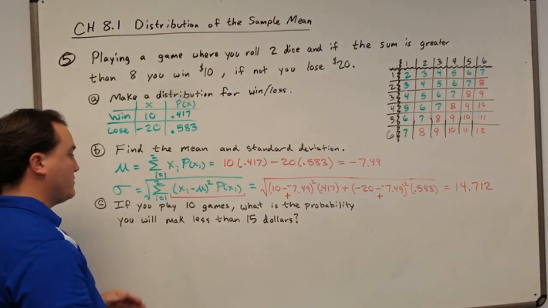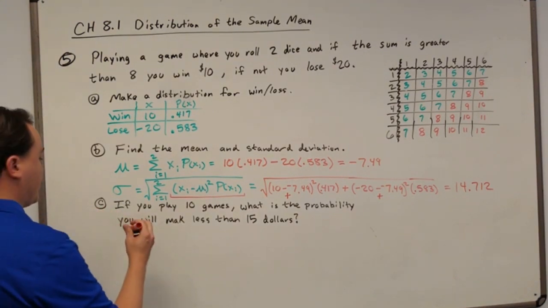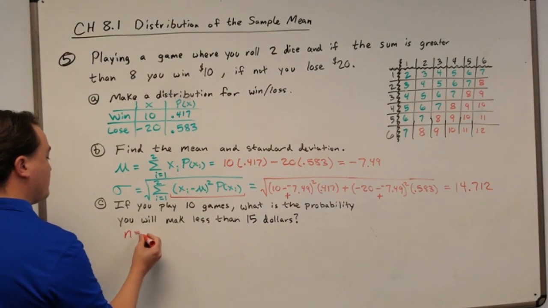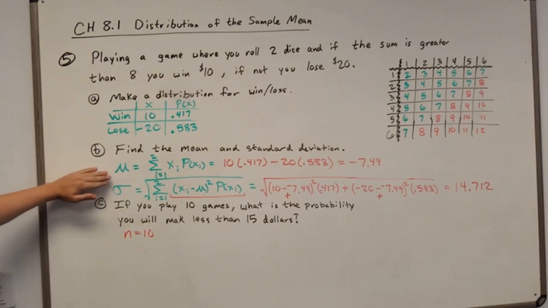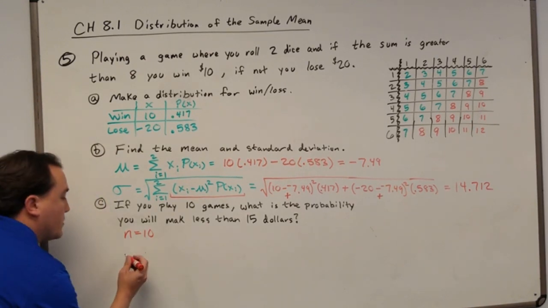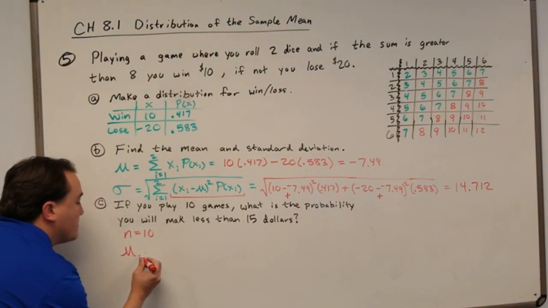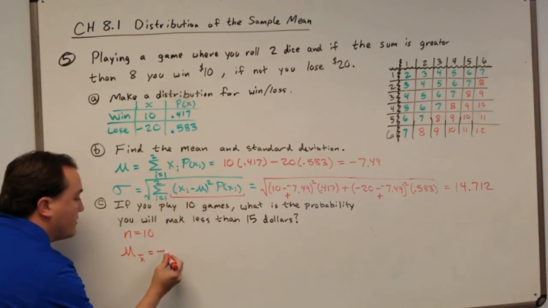So now we have a new question. If you play 10 games, so n equals 10, you can say that right away. And you have to realize this is our population mean and standard deviation. So now we got to calculate the mean and standard deviation for our sample of 10 games. So we know mu, of course, is the same, is still negative 7.49.